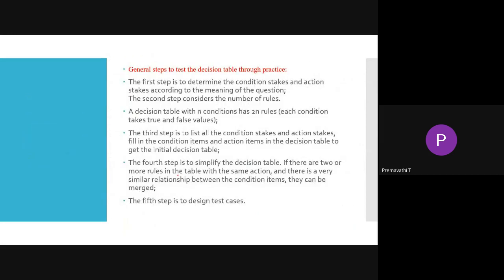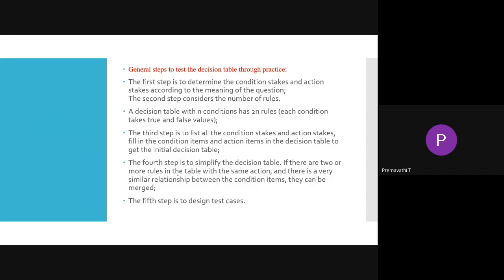Here are the general steps for the decision table. The first step, we have to determine the conditions and the actions according to the meaning of the question. Second step, we have to consider the number of rules, and a decision table with n conditions has 2 to the power n rules, each condition having either a true or false value.